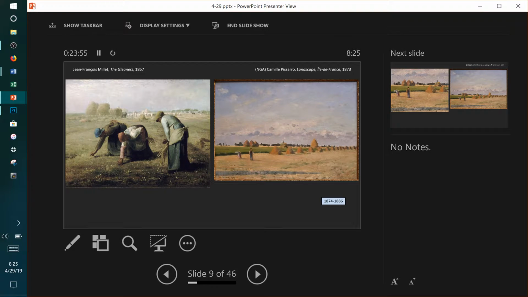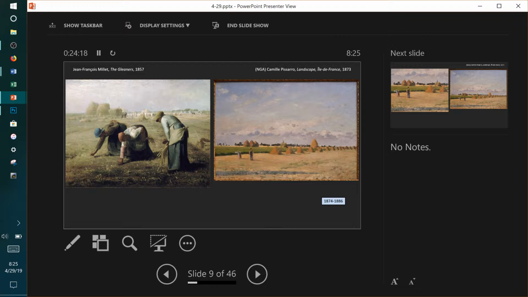Now, that said, what does Pissarro see in these hay farmers? It's very different than the focus of Millet. So Millet is about the gleaners, right?